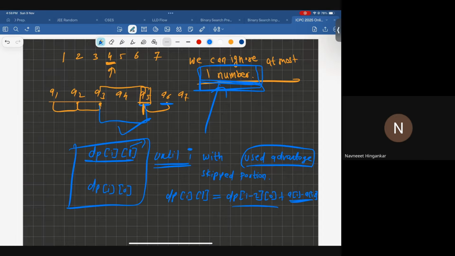So this is the one. And similarly DP[i][0], you can combine it with DP[i-2][0] plus A[i] minus A[i-1]. That's it, I guess, for pseudo palindrome.